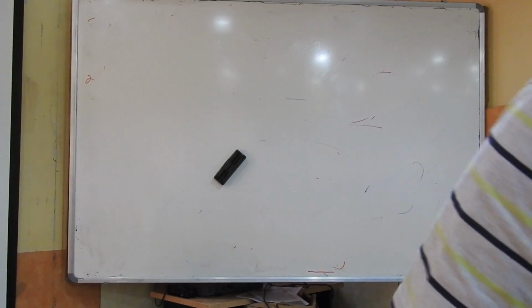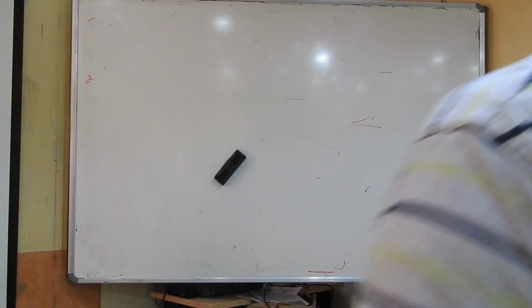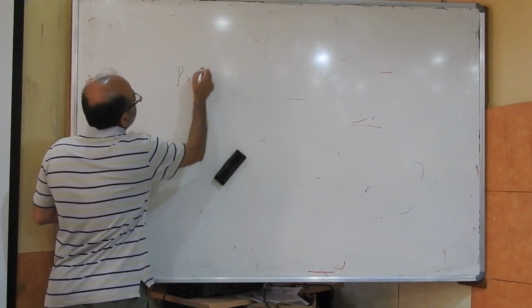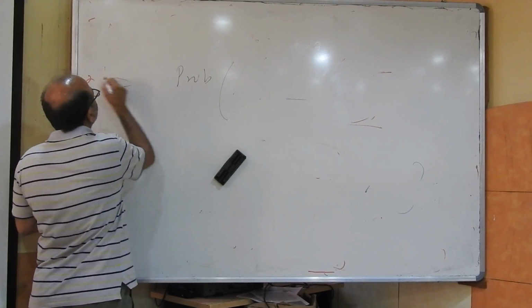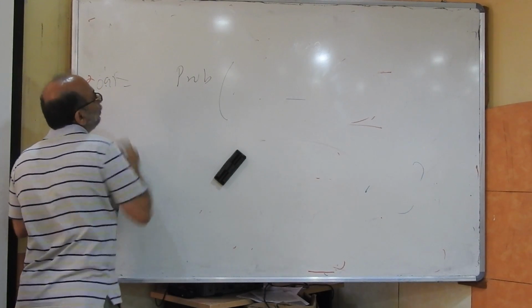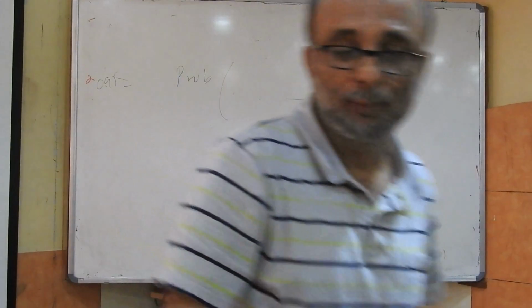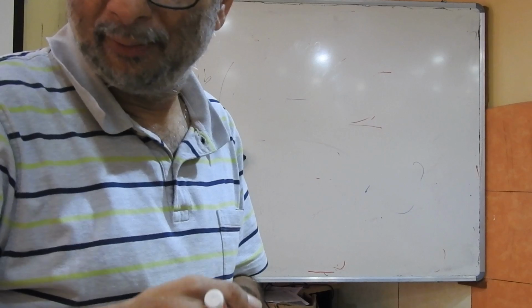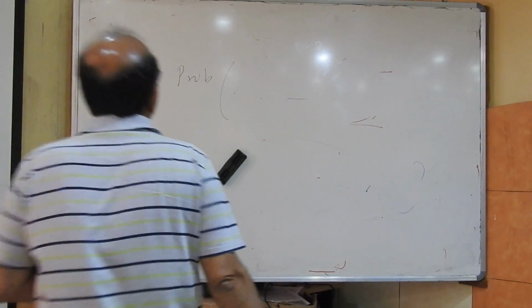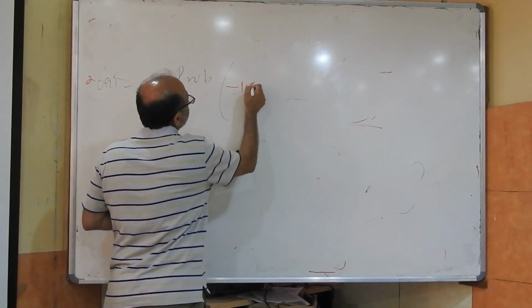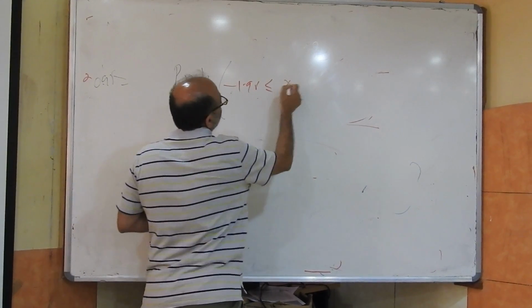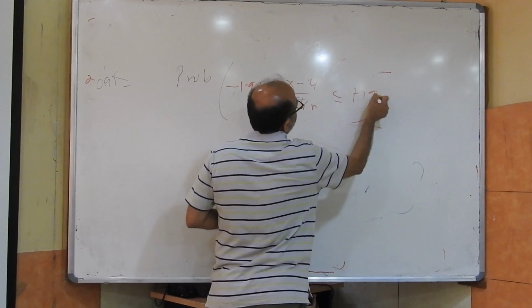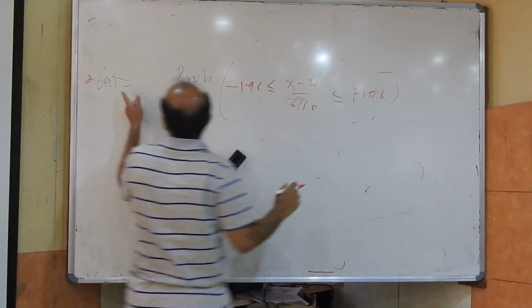Now, suppose we have something which you must have heard a lot about. 0.95 is the probability. Suppose X bar comes from a population with mean mu and variance sigma square. Then I know the probability that minus 1.96 is less than or equal to (X bar minus mu) by (sigma by root n), which is less than or equal to 1.96, is equal to 0.95.